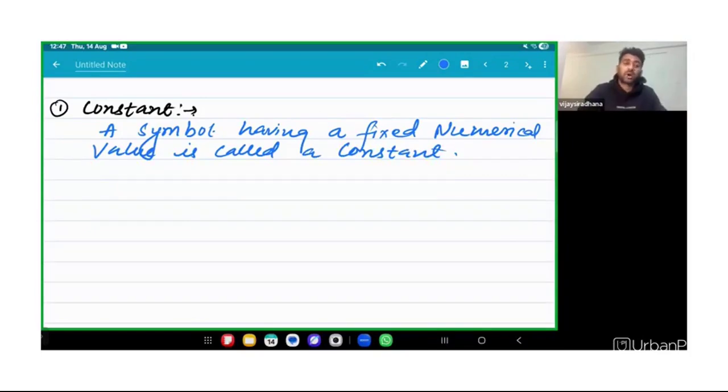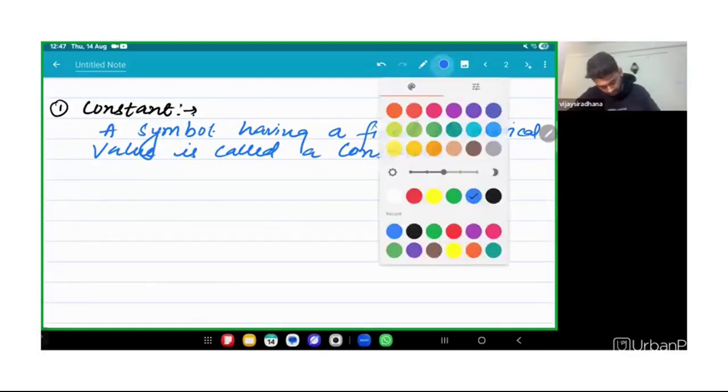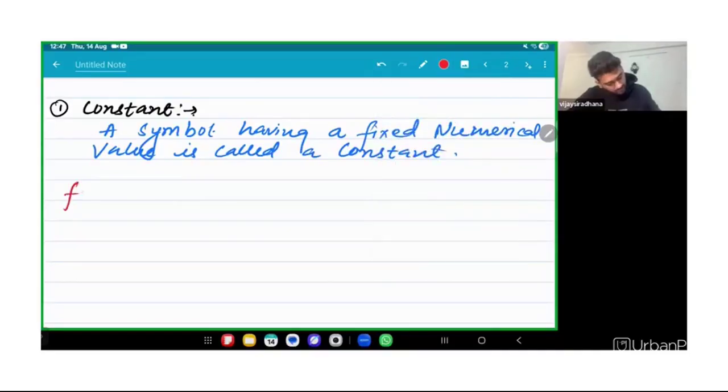Where there is one constant value, that is known as the constant. It can be 1, it can be 2, it can be pi, because the value of pi is 3.14 or 22/7.